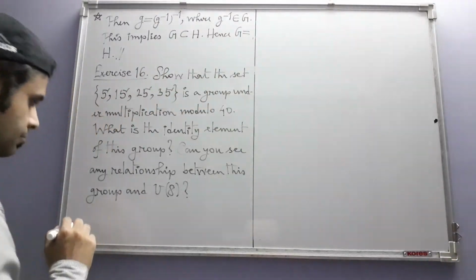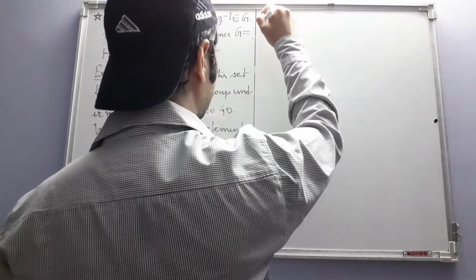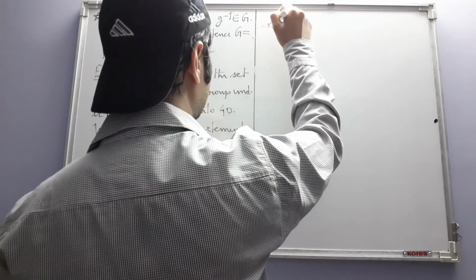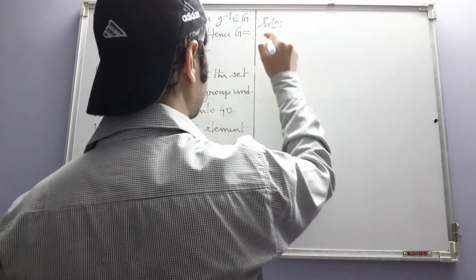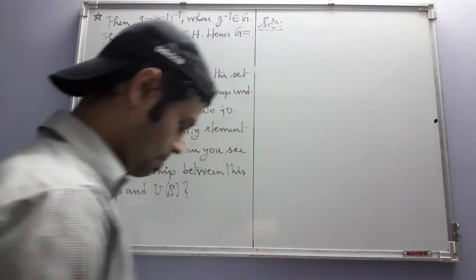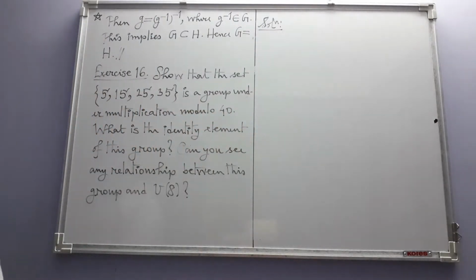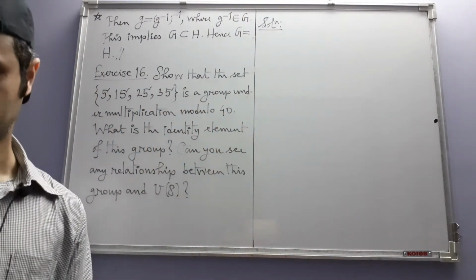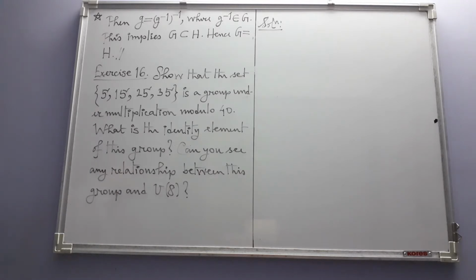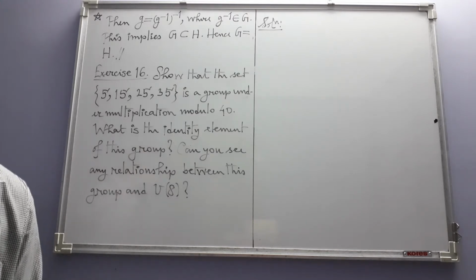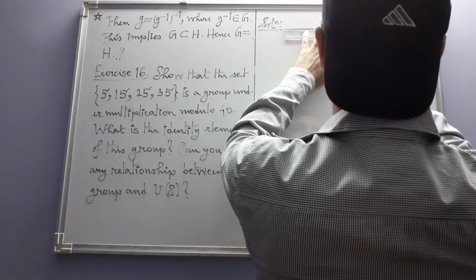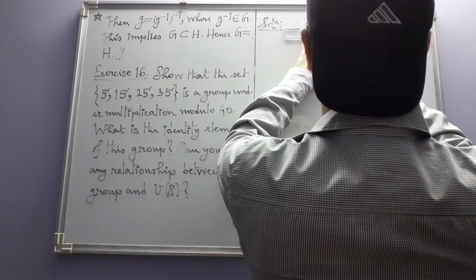Okay, let me write the solution here. Now we are going to form a table. So let me use this ruler so that it looks good.